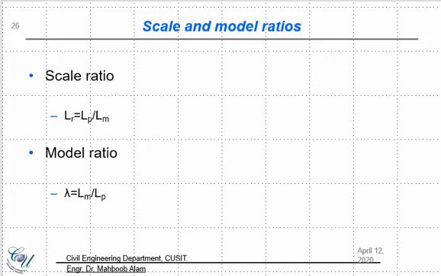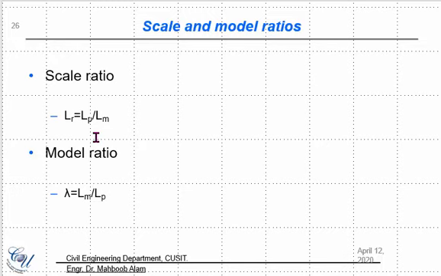So if we know the scale ratio, we would know how much smaller or how much bigger we are going to make a model. So the scale ratio would be needed there. Model ratio is just the reciprocal of the scale ratio. Mostly we would be using the scale ratio in our studies, but sometimes model ratios would also be considered.